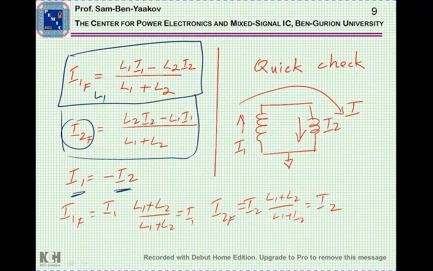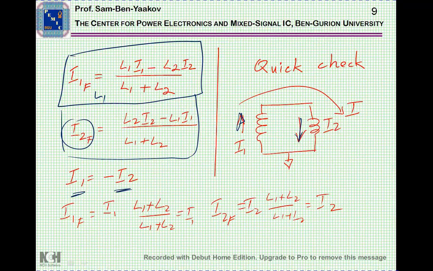Now, let's try a quick check to see if we are okay with this equation, and let's have a look at the case in which the currents are indeed already in the right direction, and see what we get.